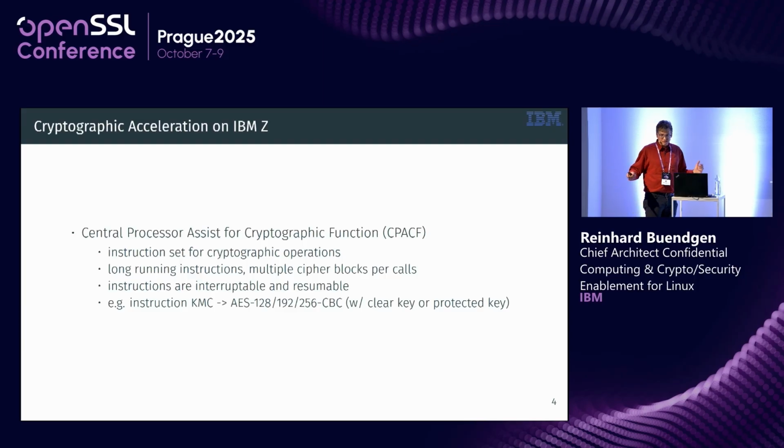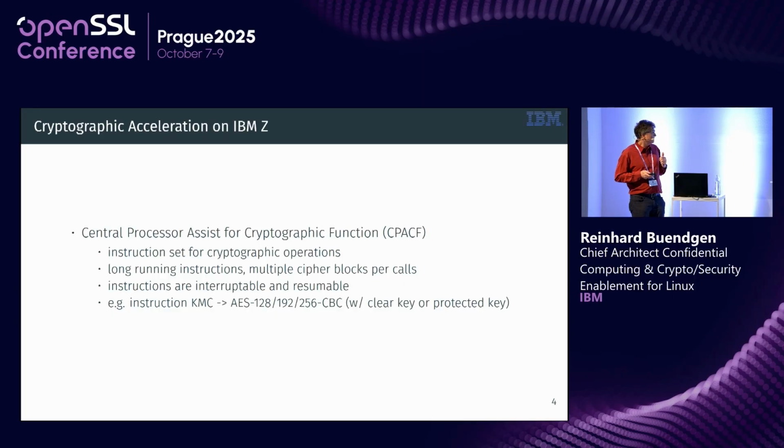And the instruction just does it. One instruction call. Yes, a single instruction. Clearly, you cannot monopolize the CPU for the length of a gigabyte computation, so the instruction must of course be interruptible and resumable in case of a timer interrupt or whatever. So they are long running.